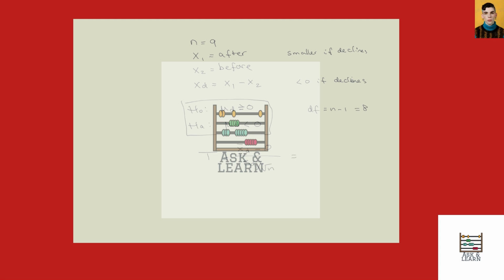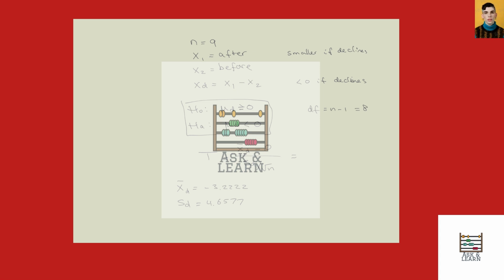So if you process your data, you should get x bar difference is equal to negative 3.222, and SD is going to be 4.6577.